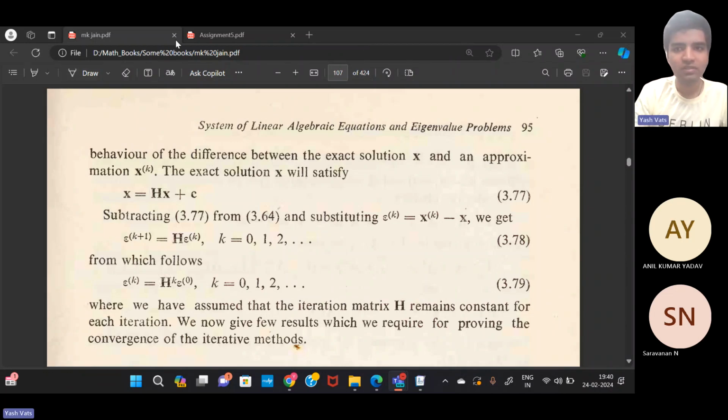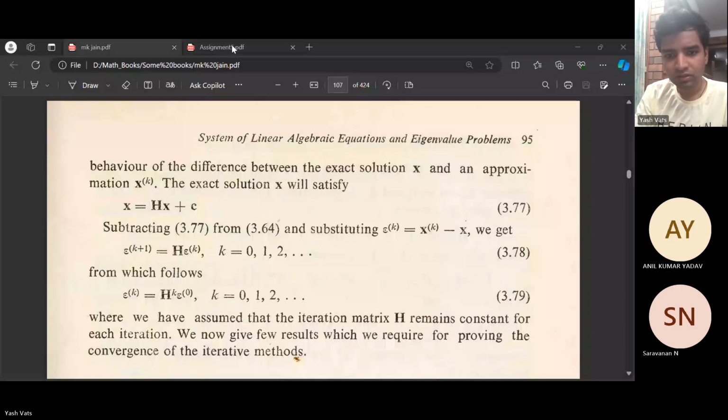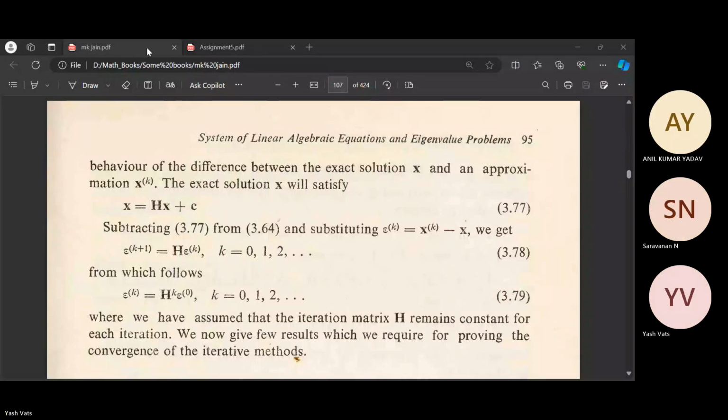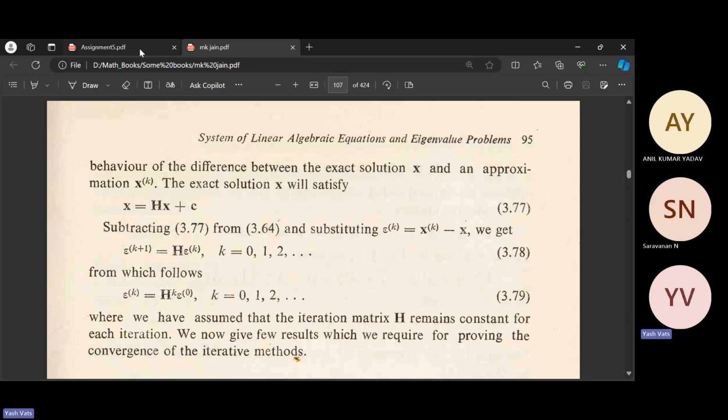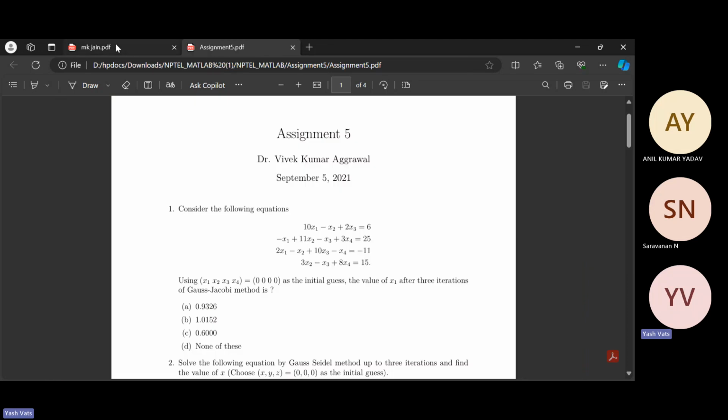This is not visible. Just share the screen again. Can you see the screen? Okay, yes, visible.